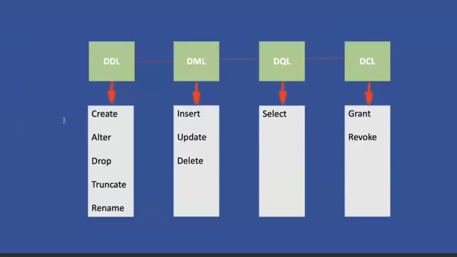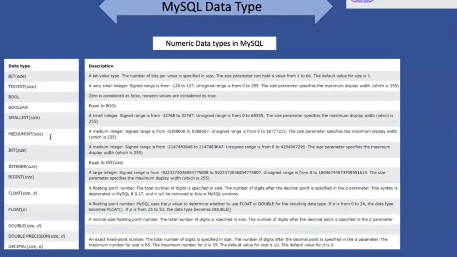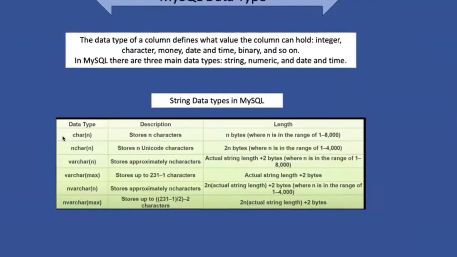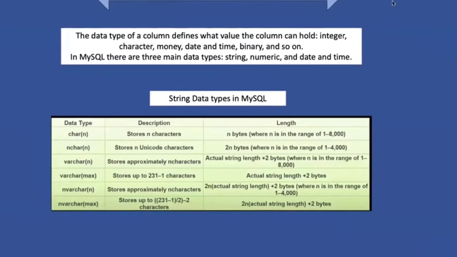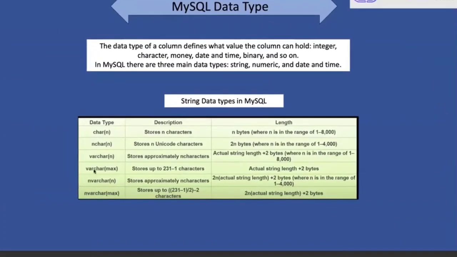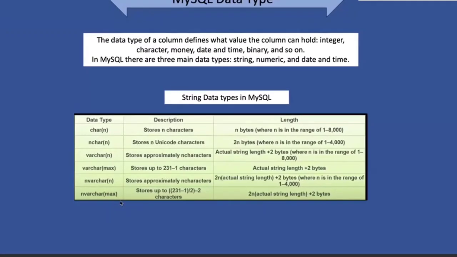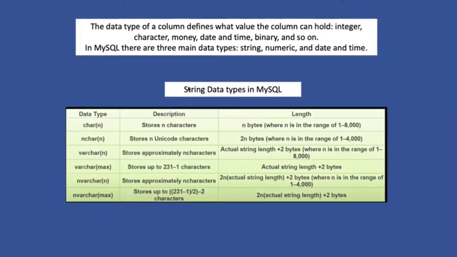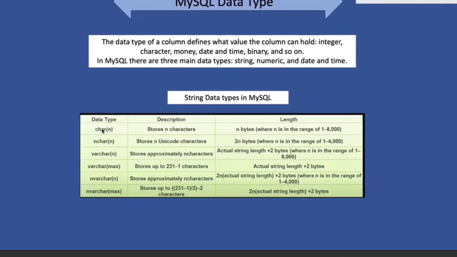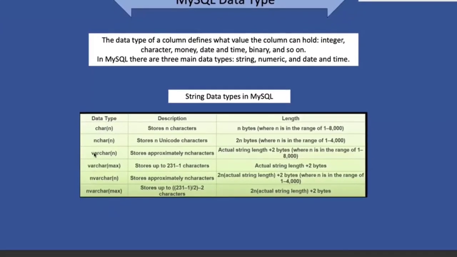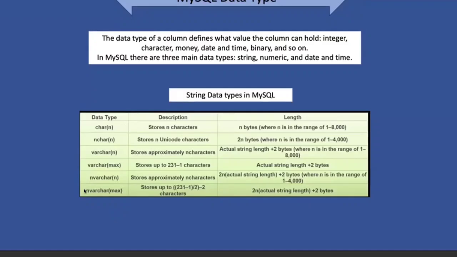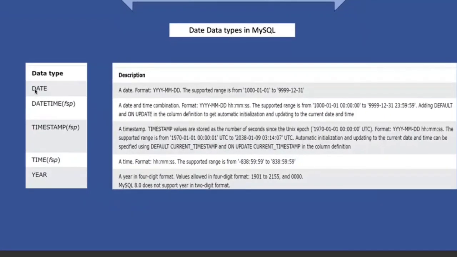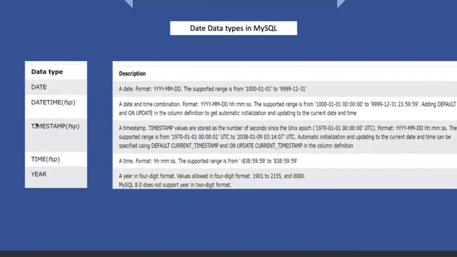So this is the main part of the whole categorization of the different SQL commands. Now coming to this part, I was talking about the data types. I have listed down the data types here. When you are creating a table, different kinds of data types will be there. Here you can see string data types, which can be defined with char, nchar, varchar. Similarly, for date and time you have date, time, timestamp.